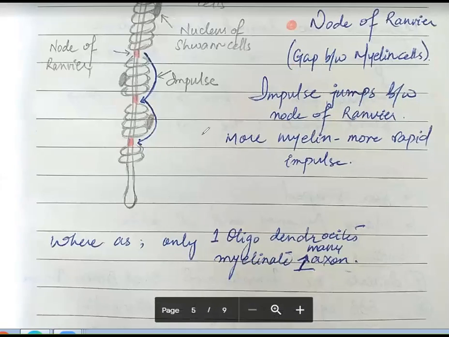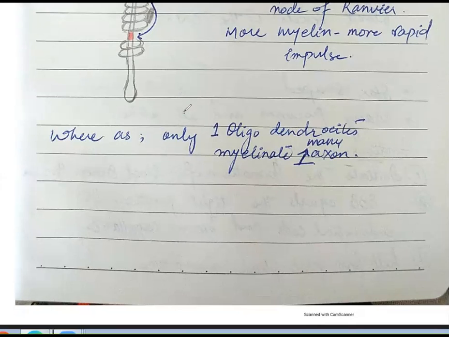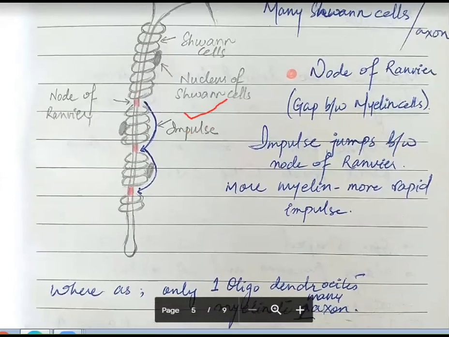Some things are not written over here, so I'm just telling you so you can write it, because when these words come in the MCQs, students don't understand. Now this point is really important. We have lots of Schwann cells myelinating one axon.